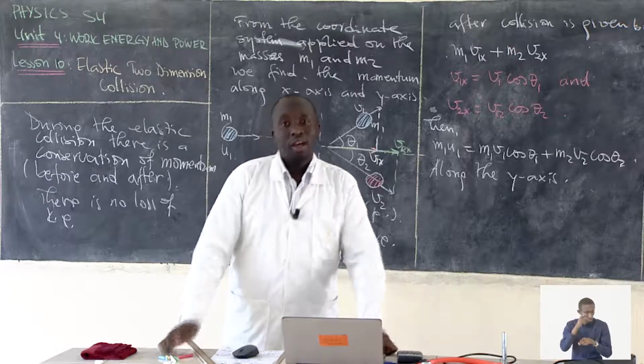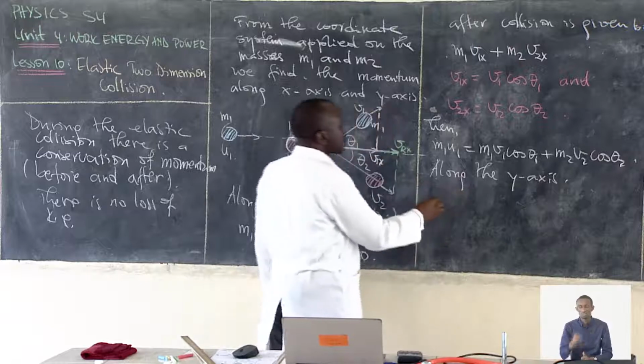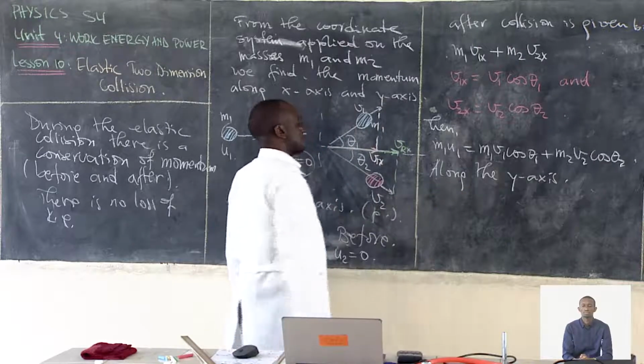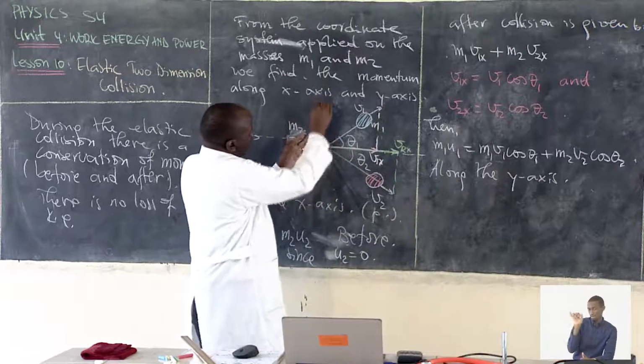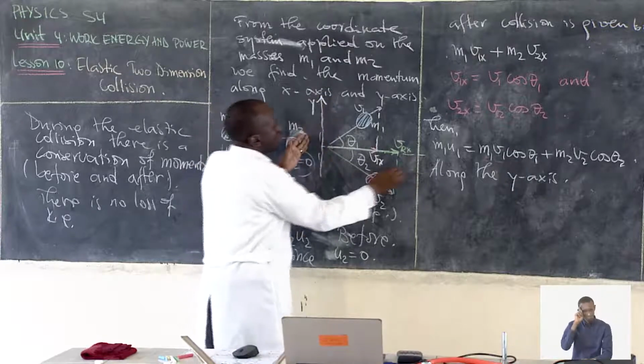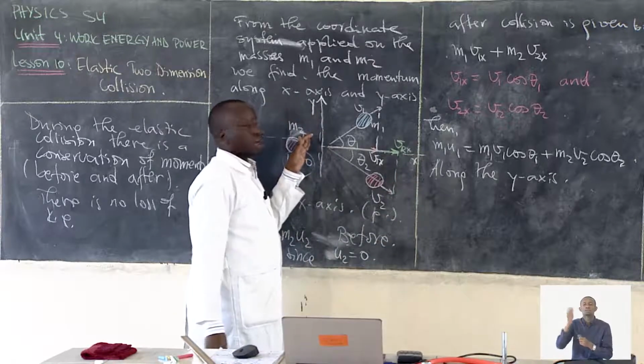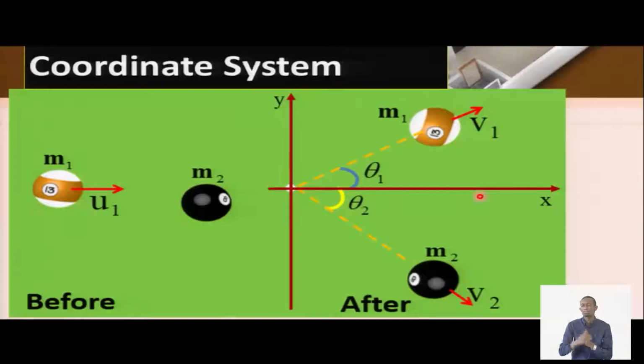As you are thinking about that, along the y-axis we are going to consider the y-components, because here we were considering x. Look at the diagram, and it is the same as what we have here. So this is one component, and another component is down there, right?